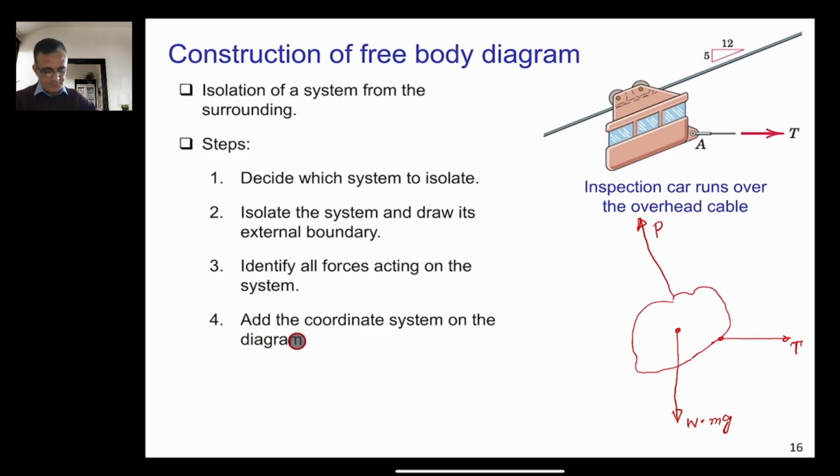And finally, adding the coordinate system on the diagram. So now we will need to choose a coordinate system which will help us to simplify the problem. We can choose the coordinate system in the horizontal and vertical direction, but in this case, because the body is moving along this direction here, it will be a good idea to choose the x in this direction and the y in this direction.